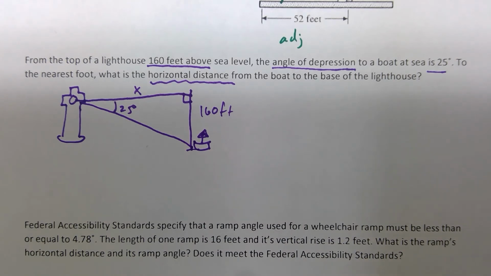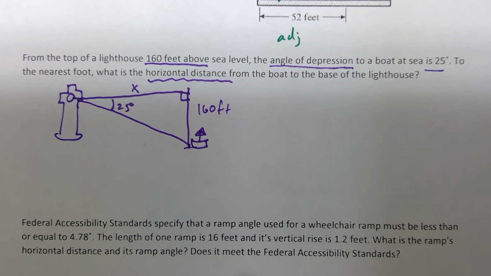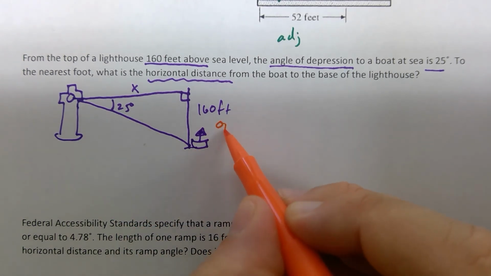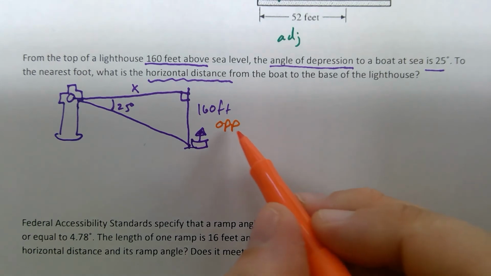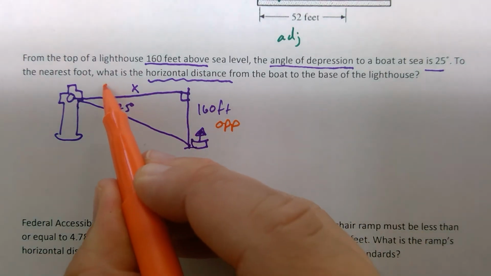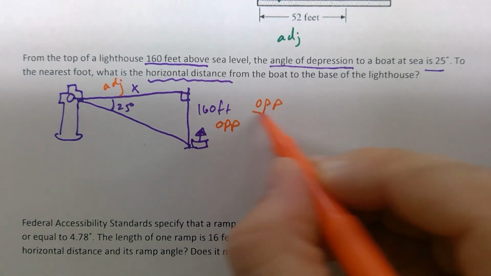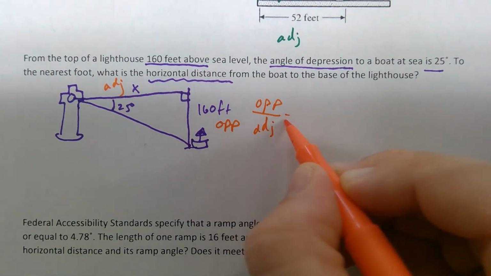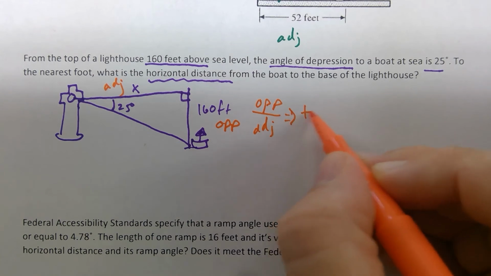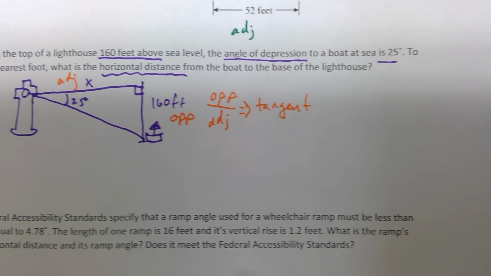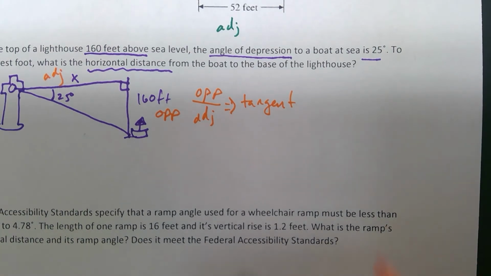So let's go ahead and label our sides. Here's what's opposite my reference angle. Here's what's adjacent to my reference angle. Opposite over adjacent equals tangent. We're finding a missing side length, so we can use regular trig here.